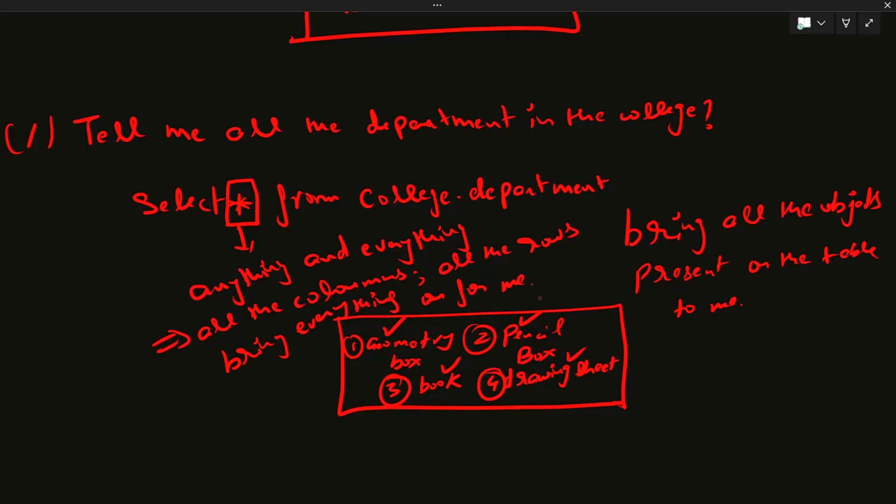Simple, right? This is what is called star. From simply means what is the place from where it is.